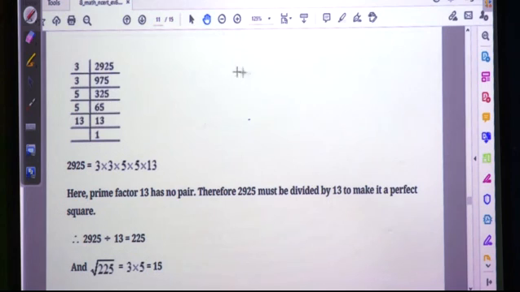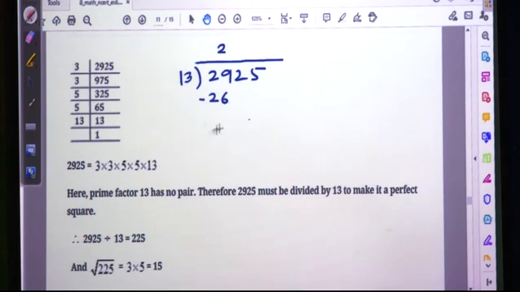We can just see here, we are dividing 2925 by 13. 13 2s are 26. 3 remaining, next digit brought down, it becomes 32. 13 2s are 26, 13 3s are 39.